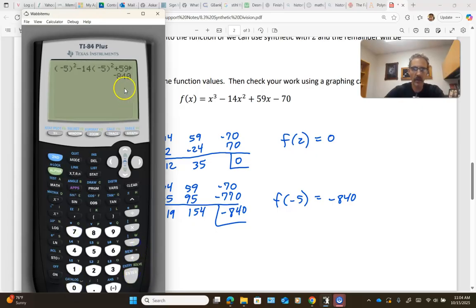And hit enter. Oh, and it is negative 840, so we did the arithmetic correct. Okay, and you get evidence that this remainder theorem is actually true.